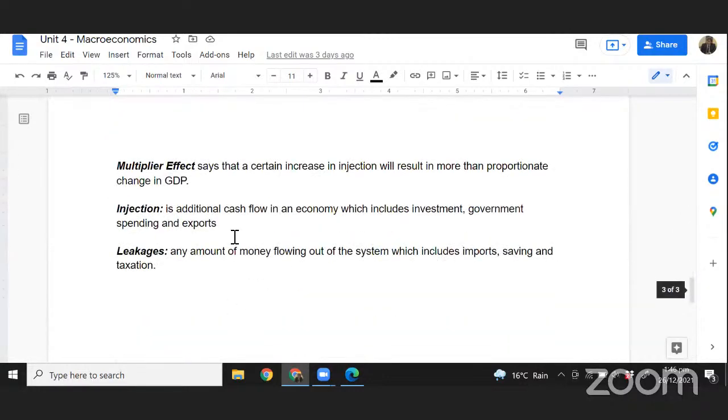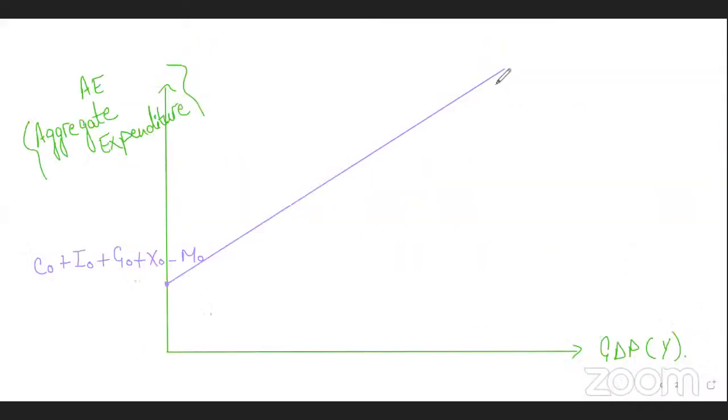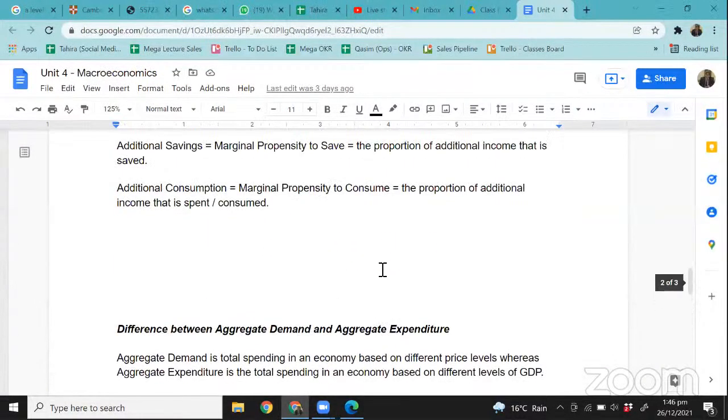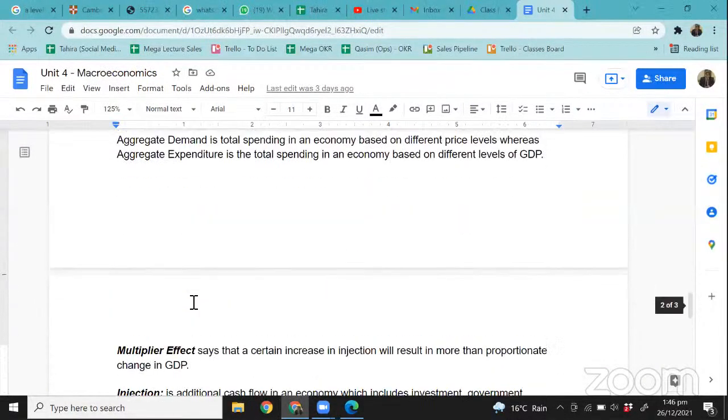Okay, now moving forward, we did discuss that this upward sloping line is your aggregate expenditure. And what is aggregate expenditure? That is the total demand for all goods and services in an economy based on the GDP level. So what's the difference between aggregate demand and aggregate expenditure?